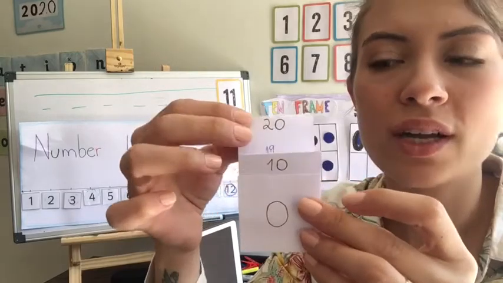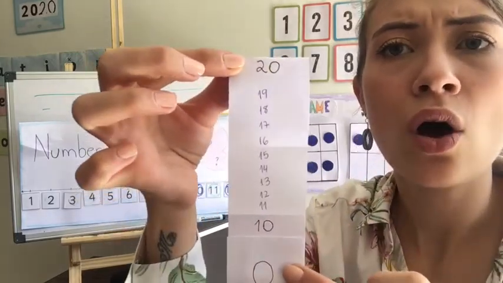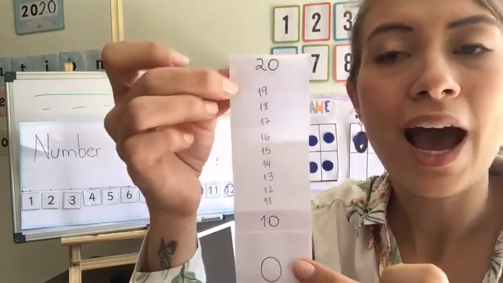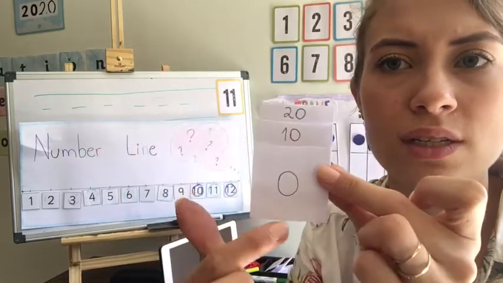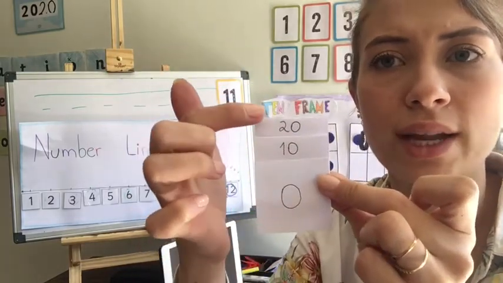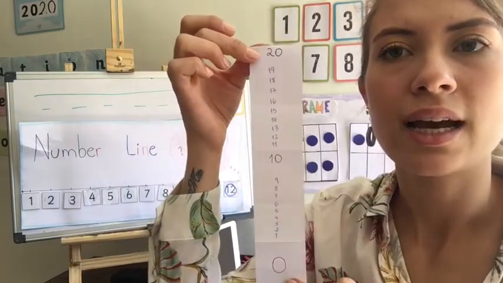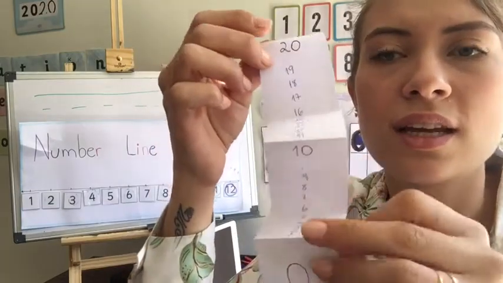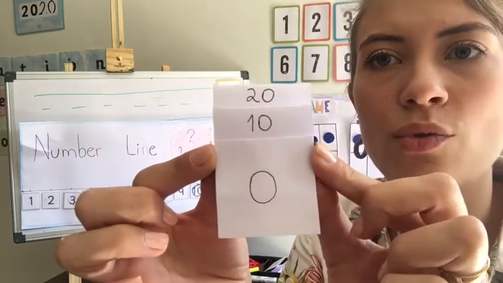I know here inside between 10 and 20, we can find all of the numbers. 11, 12, 13, but I don't need to count all of that because I know if I count 0, 10, 20, all of these numbers are inside of the 10 and of the 20, as you can see over here.